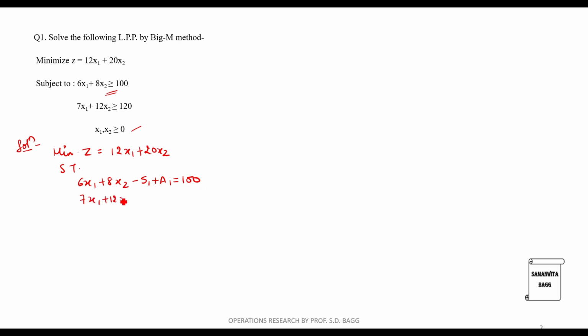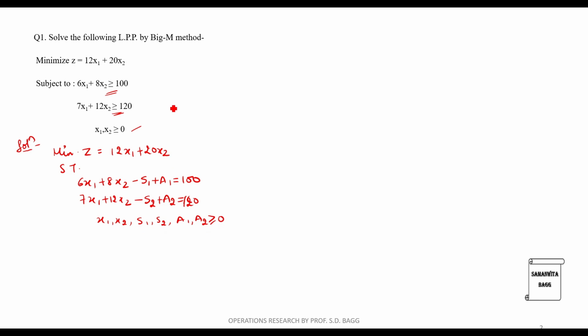7x1 plus 12x2. Here again there is a greater than equal to sign. So minus s2 plus a2 is equal to 120. Lastly, we'll write down x1, x2, s1, s2, a1, a2, all will be greater than equal to 0.